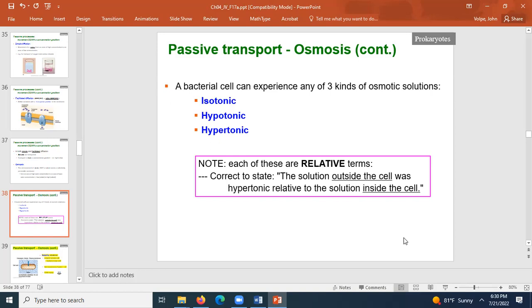Each of these terms is a relative term. So it's correct or best to state that the solution outside the cell was hypertonic relative to the solution inside the cell. Any question about any of that?